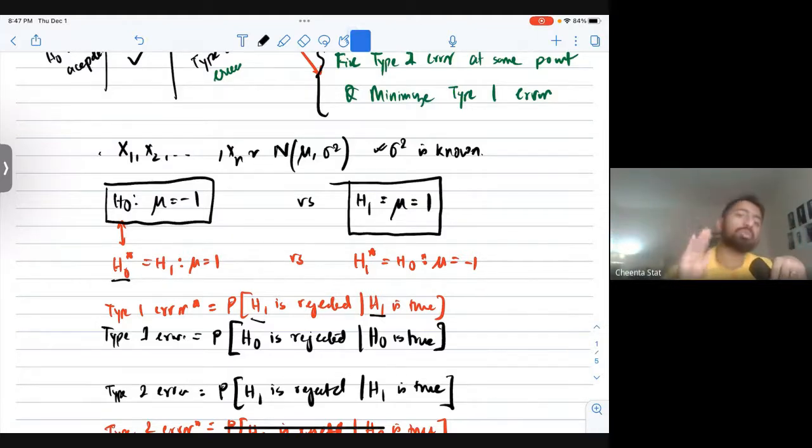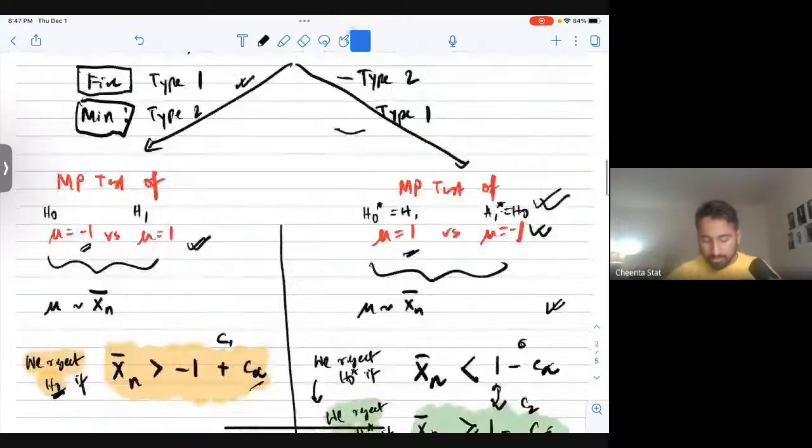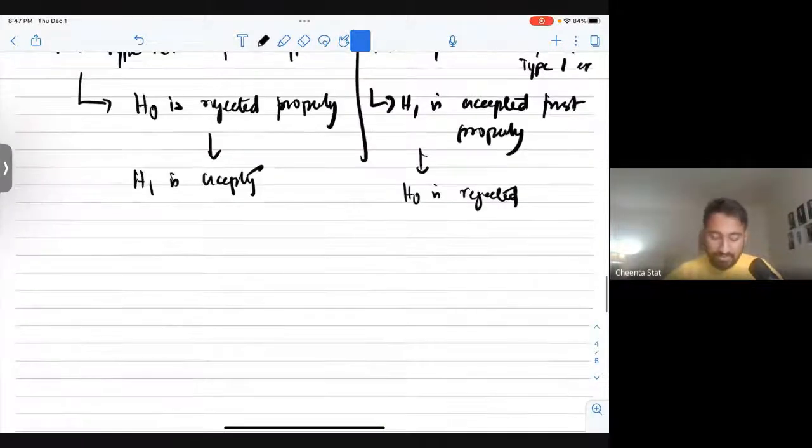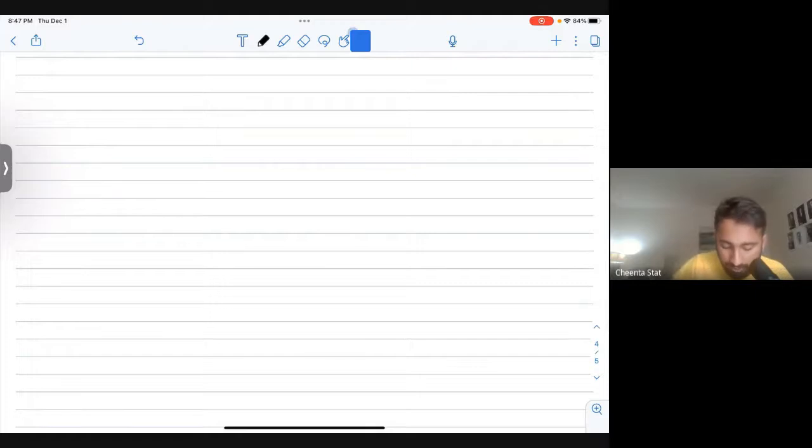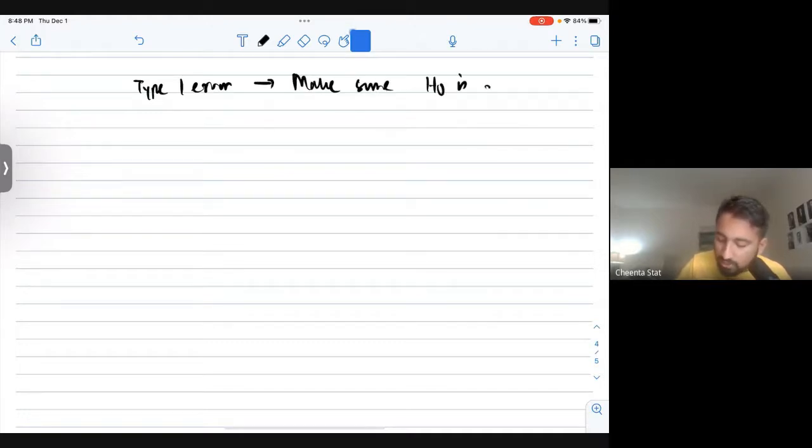Type 2 error is minimized to focus on H1 more, and type 1 error is to make sure that H0 is rejected properly, to our tolerance level. I've discussed in one of the previous videos that type 1 error is to make sure H0 is rejected properly, in our tolerance level. That's what I mean by properly.